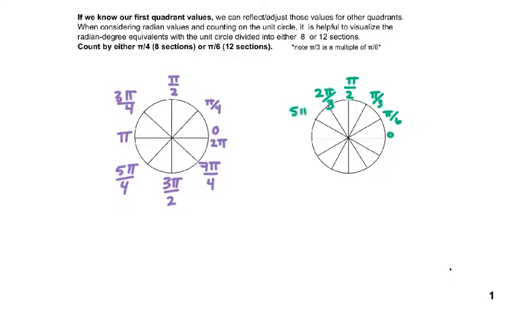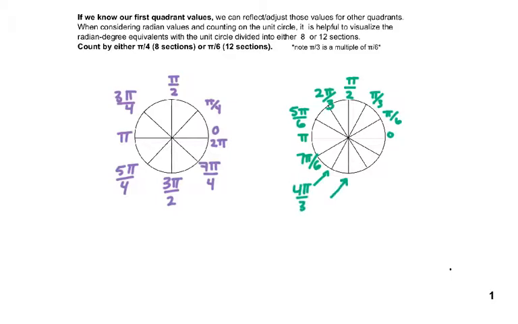We have 5 pi over 6. Over here, I've got 6 pi over 6, and 6 over 6 reduces, so we get pi as we expect. 7 pi over 6. Right there, we have 8 pi over 6. 8 over 6 reduces to 4/3, so I've got 4 pi over 3.